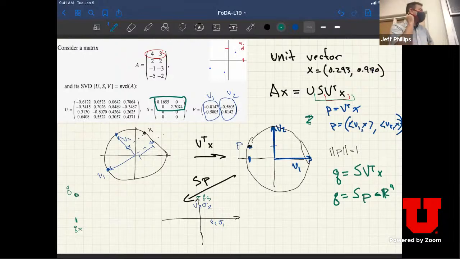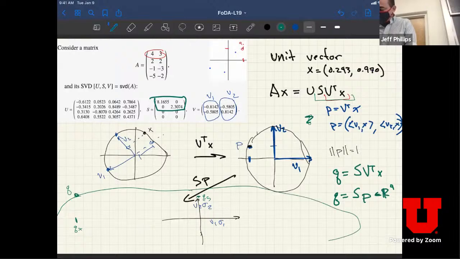It's been stretched. And what this corresponds to is this sort of ellipse. So I'm no longer on a unit circle. I've taken the unit circle and stretched it based on the singular values, right?